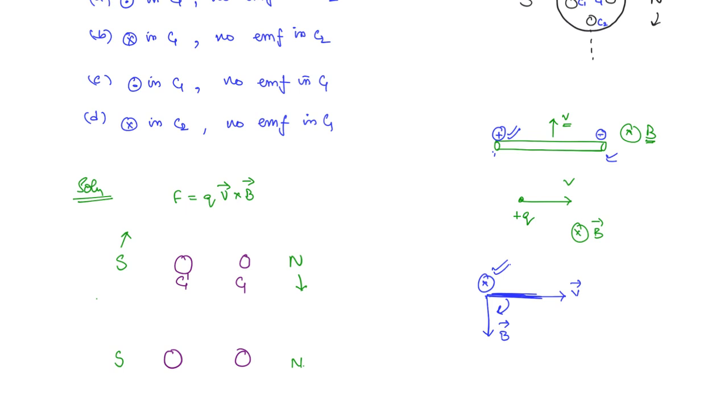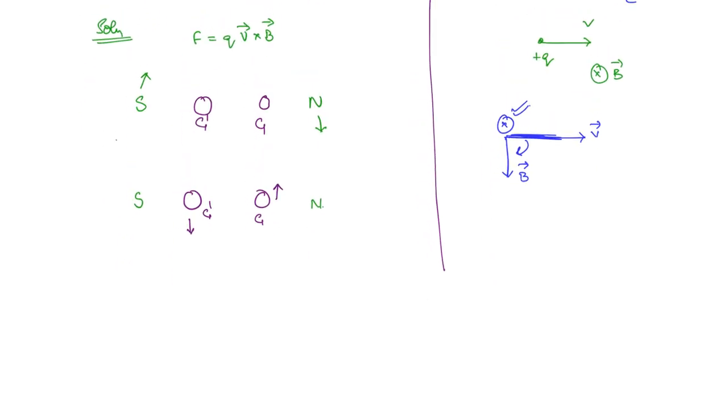The south pole is moving in this direction with respect to C1 dash. So if this is held stationary, C1 dash should move away in the opposite direction, right? So this is the direction of velocity for C1 dash. Similarly for C1, the velocity is in this direction.